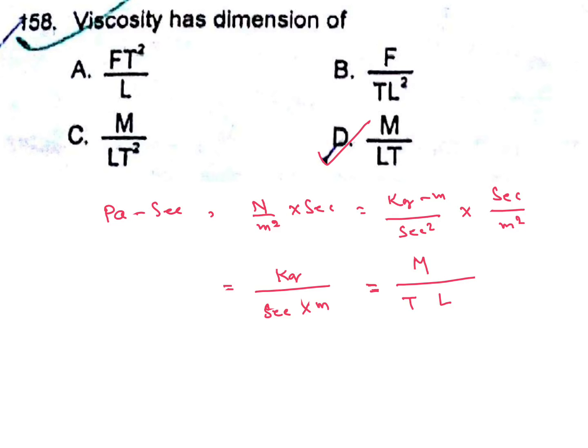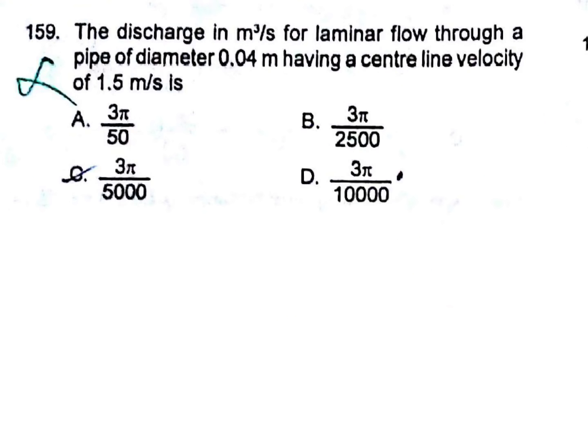The discharge in meter cube per second for laminar flow through a pipe of diameter 0.04 meter having a center line velocity of 1.5 meter per second is discharge. We have to calculate.